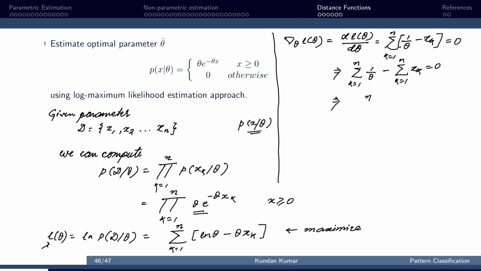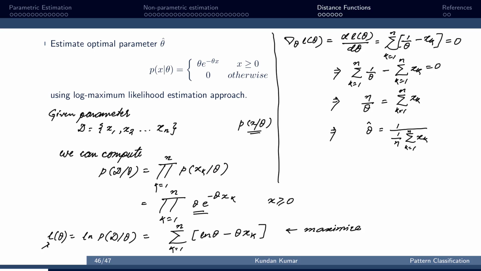Then n by theta equals summation xk, k equals 1 to n. So here we can write that theta hat, which is the estimated value of theta, equals 1 by n summation xk, k equals 1 to n.